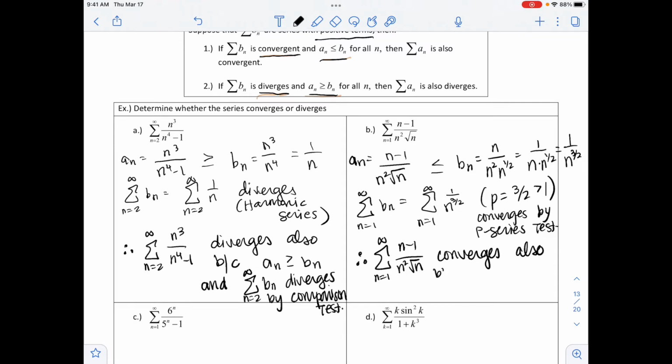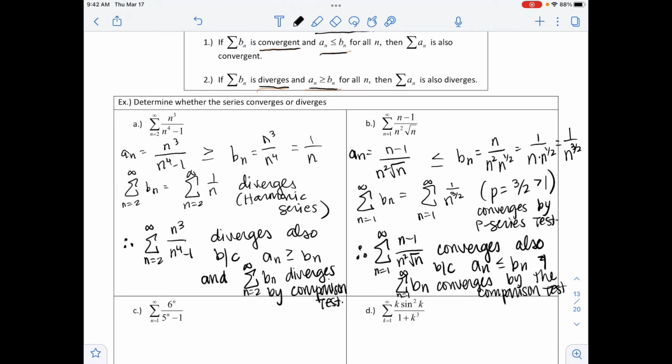And this is because a sub n is less than or equal to b sub n, and the series, our b sub n, converges. And this is by the comparison test.